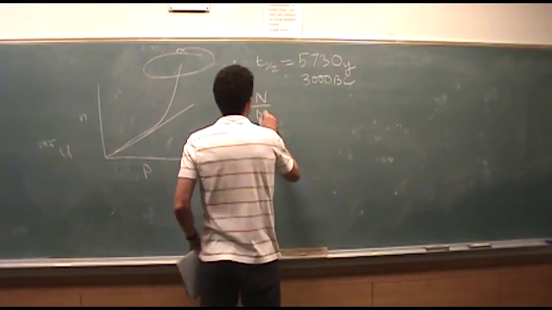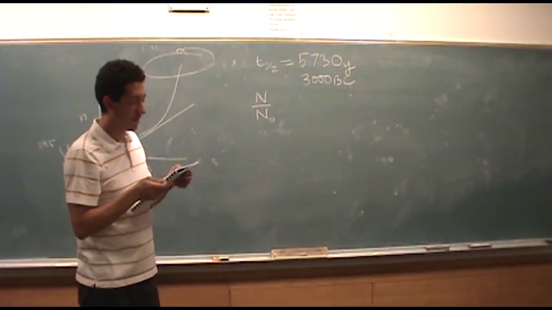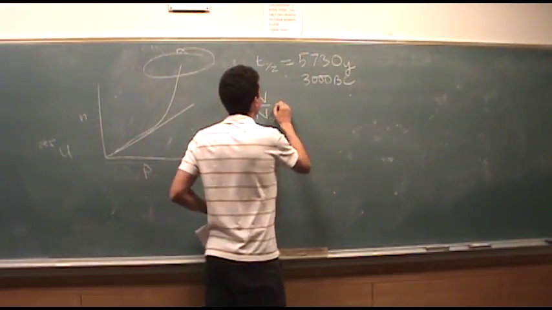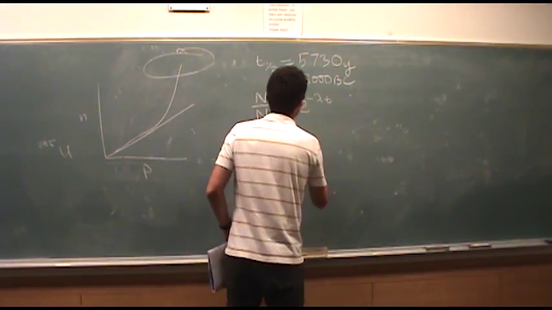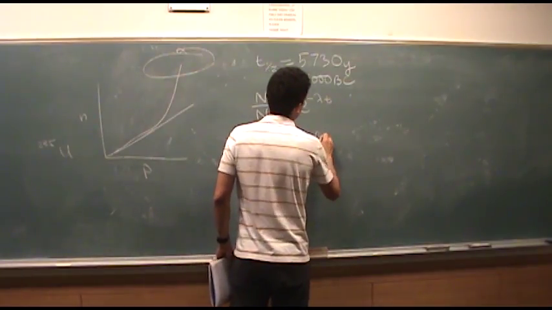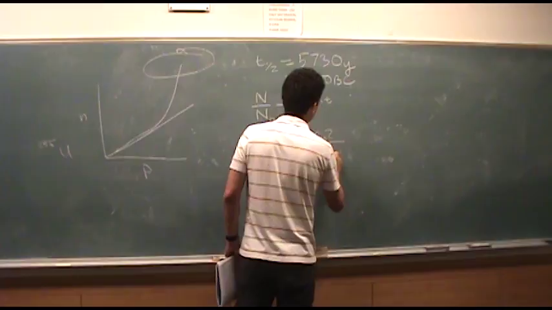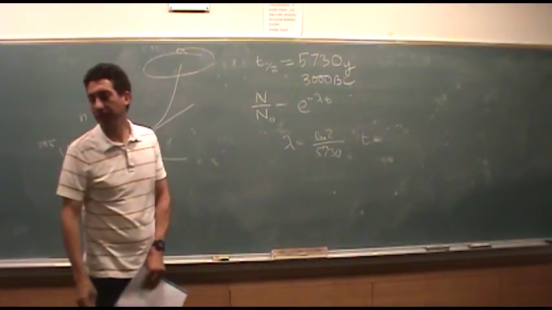And they want the fraction or the ratio. Let's see what word it used. The percent. So that's just this. Okay, lambda is the natural log of 2 over 5730. T is? Anybody?